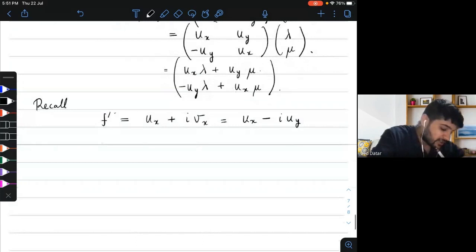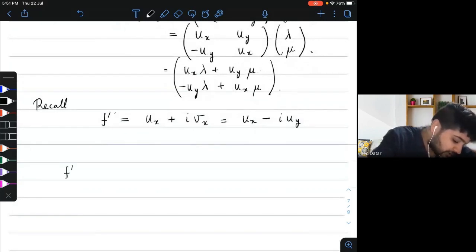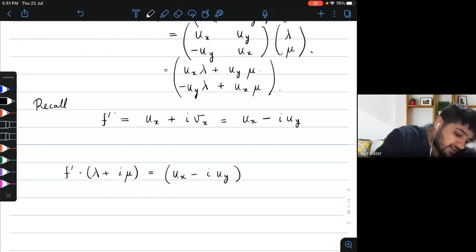So let's calculate the following. Let's compute f prime times this complex number lambda plus i mu. Okay. So that's going to be ux minus i uy times lambda plus i mu.